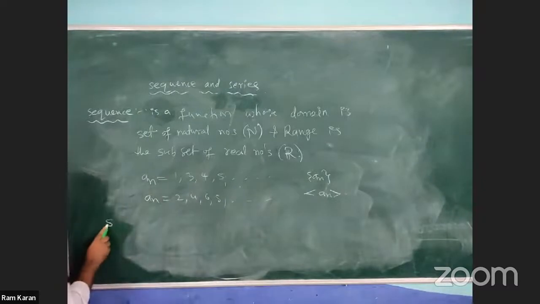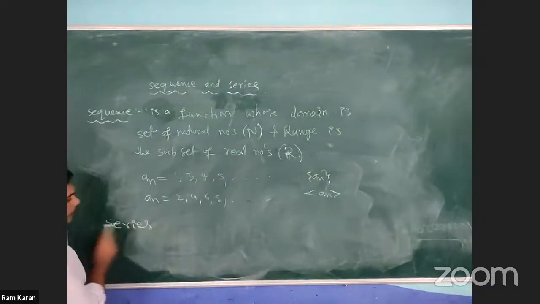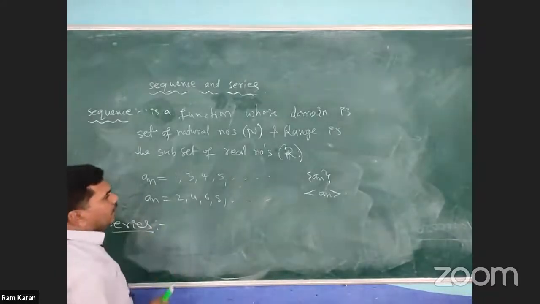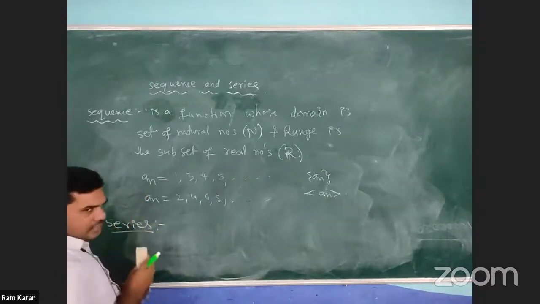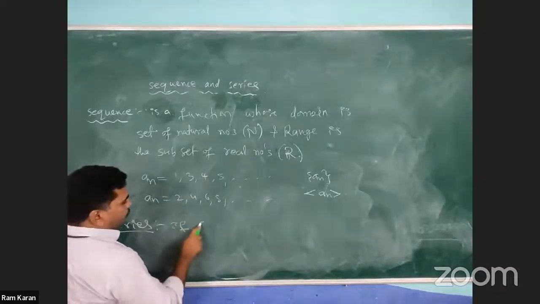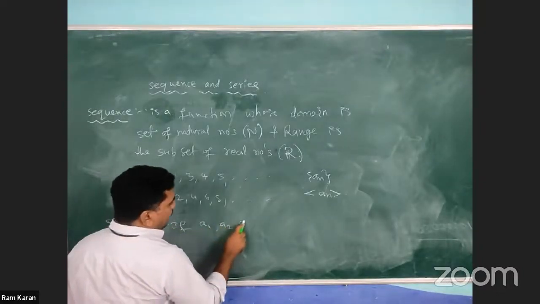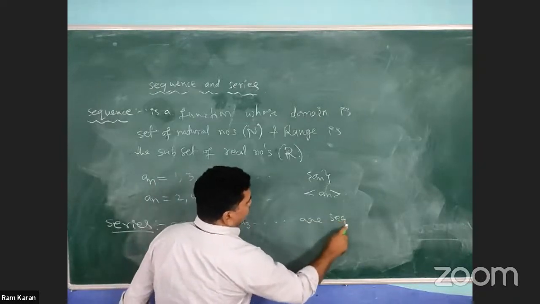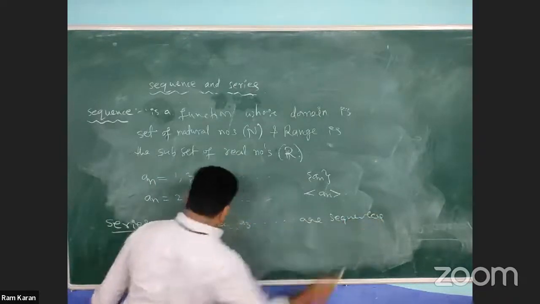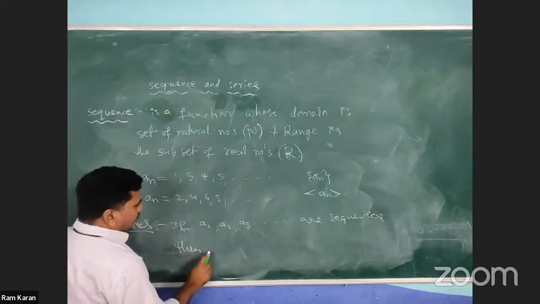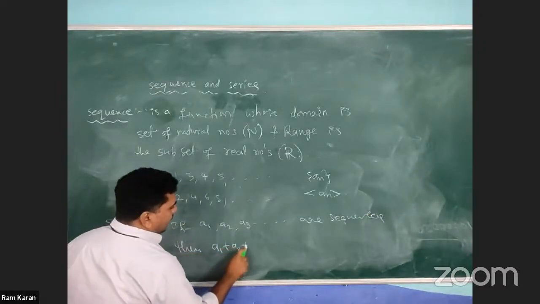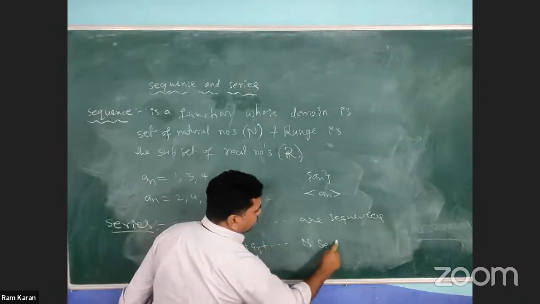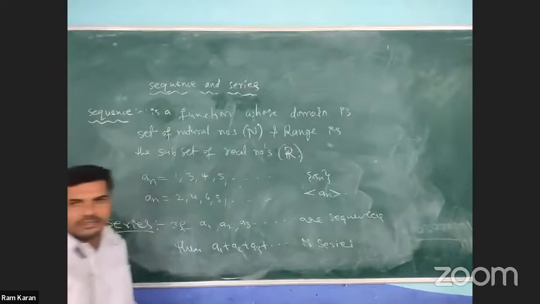The next definition is series. If A1, A2, A3, and so on are a sequence, then A1 plus A2 plus A3 plus so on is a series. That's the series definition.